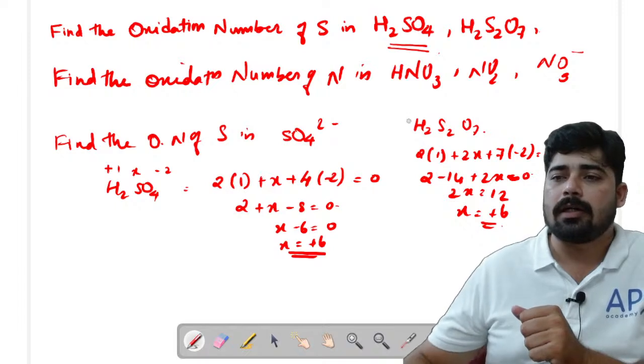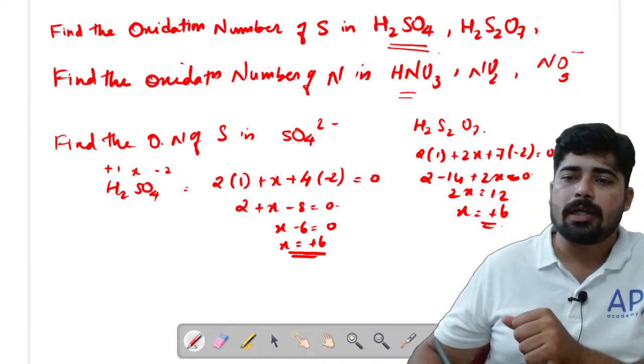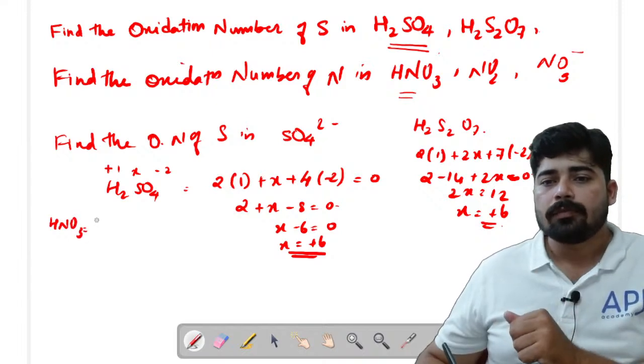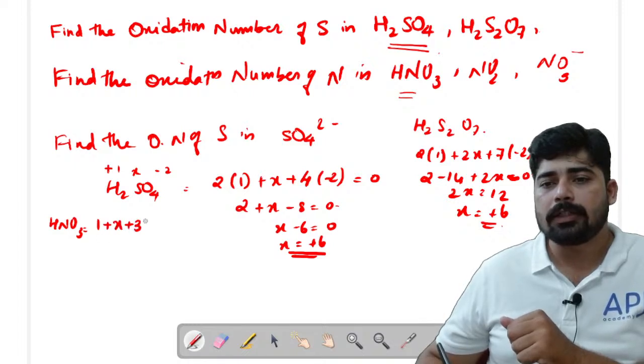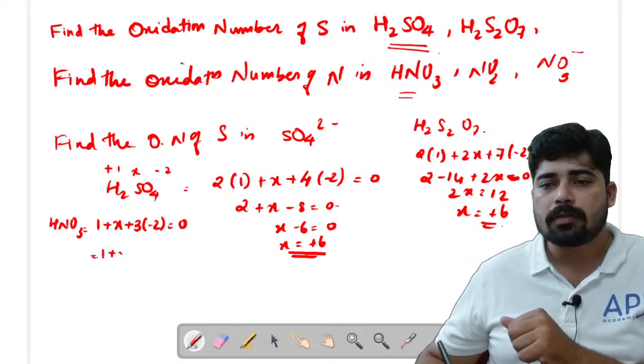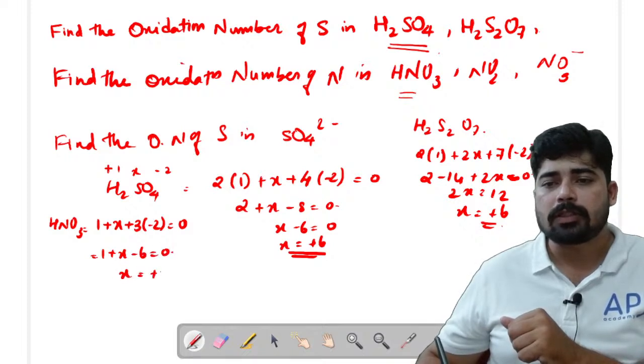So let's do the next one, that is HNO3. In HNO3, 1 plus x plus 3 into -2 is equal to the charge on the molecule, that is 0. So 1 plus x minus 6 equal to 0, x is equal to +5.